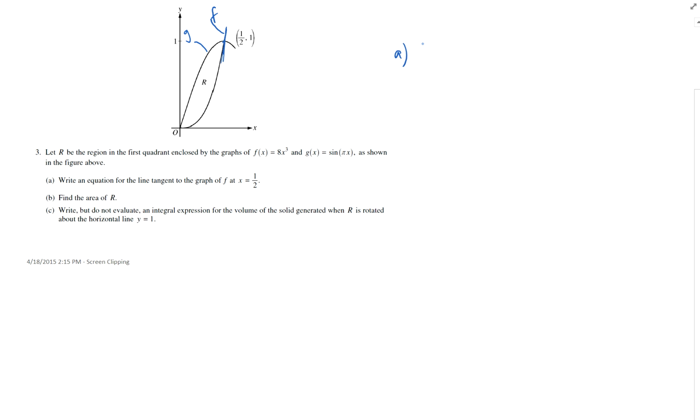To find the tangent line, we need to know a couple things. We need to know the point, so I know when x is equal to 1/2, y is equal to 1, and I need to know the slope. So f prime of x is equal to the derivative of that, so it'd be 24x squared.